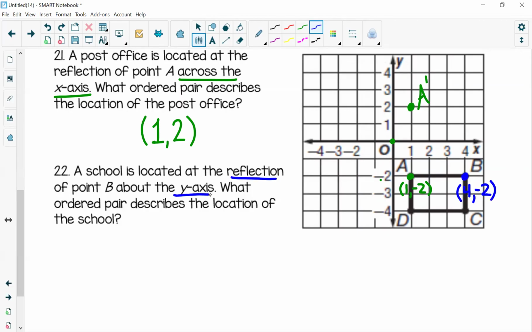So I have to cross the y. So I'm going to be at negative 4, negative 2. Negative 4, negative 2. That'll stay the same, which is my B, and that's my reflection. Negative 4, negative 2.